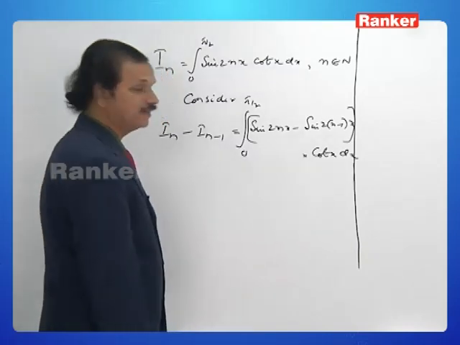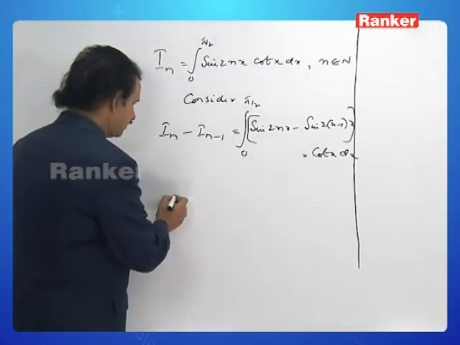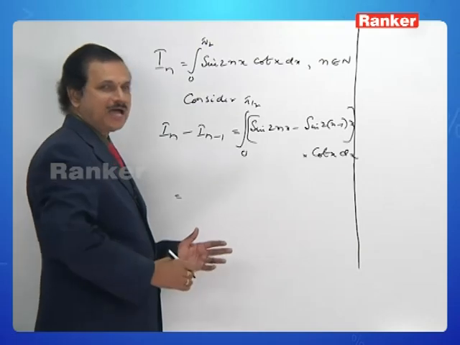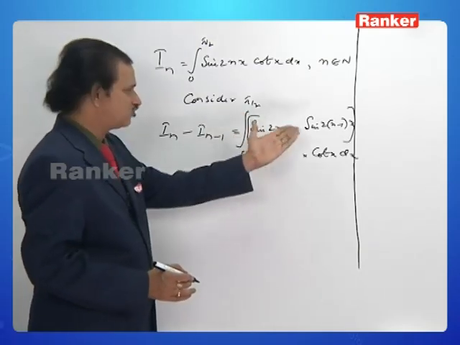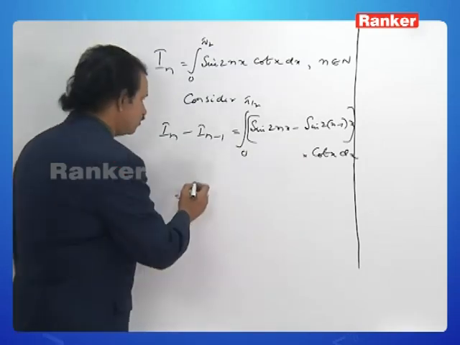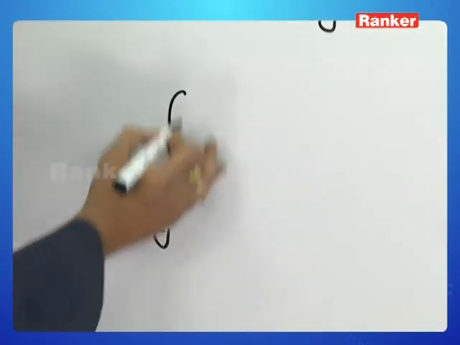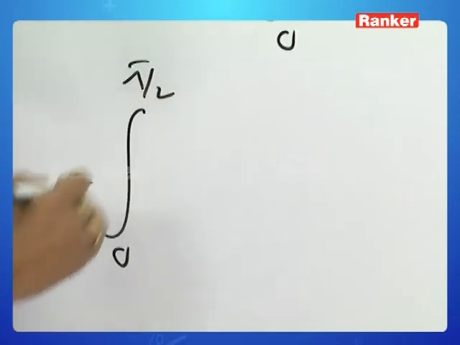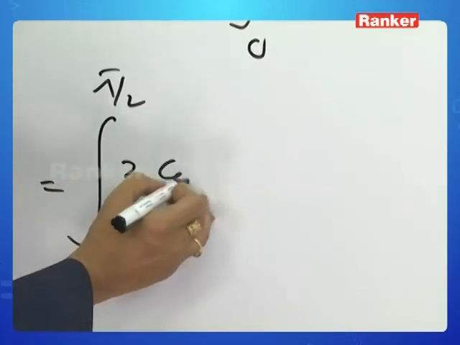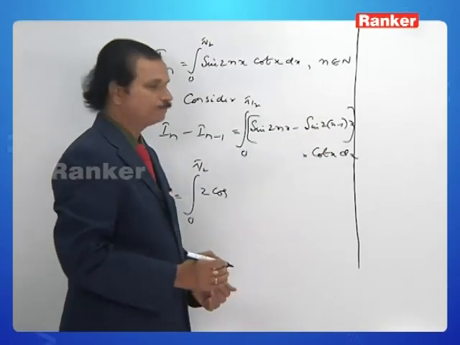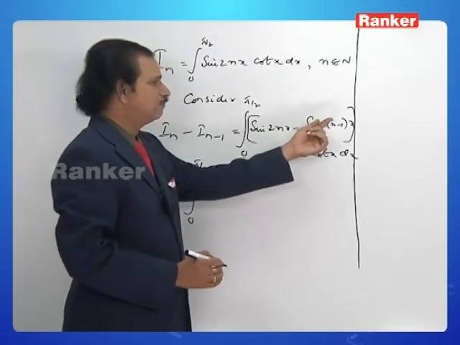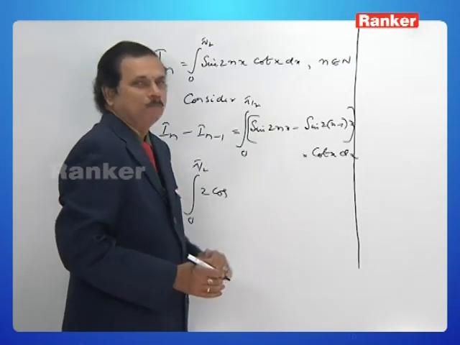As it is pre-planned, this looks like sine C minus sine D. What is that? 2 cos of (C plus D) by 2: 2nx plus 2 into n minus 1 x by 2.